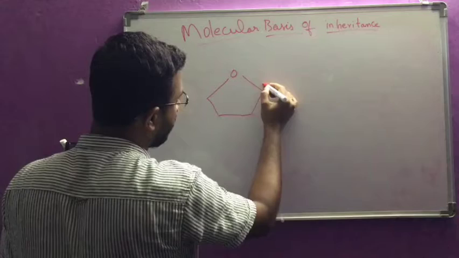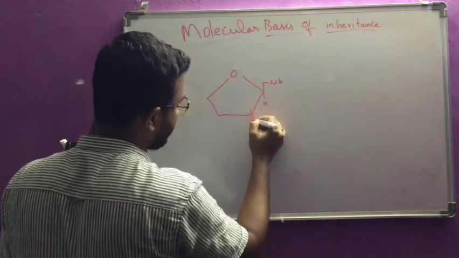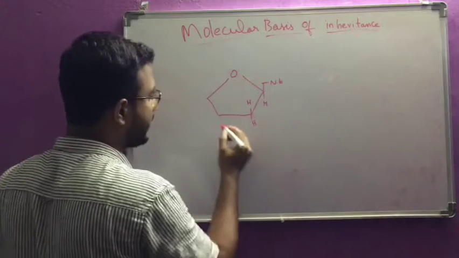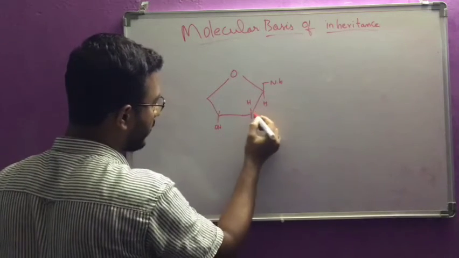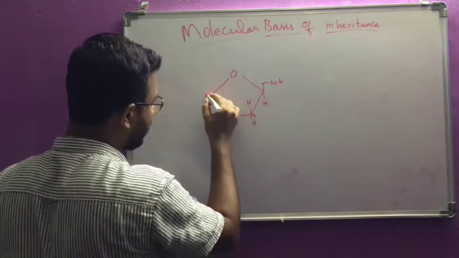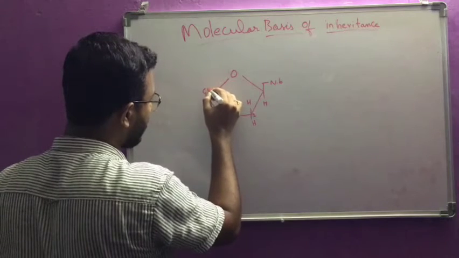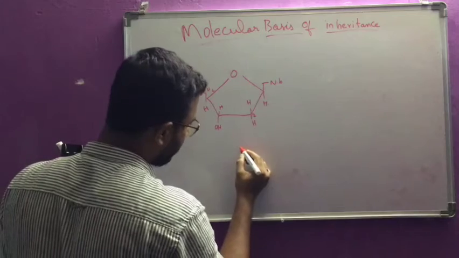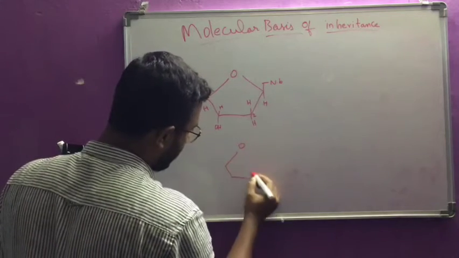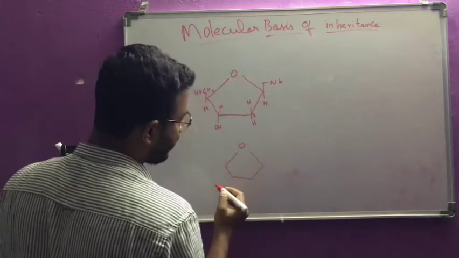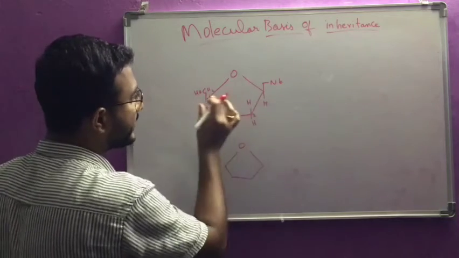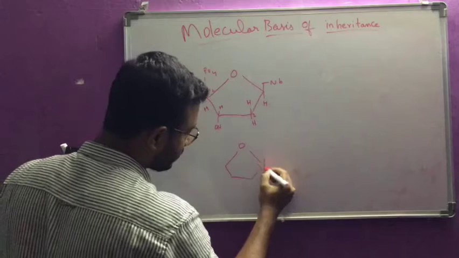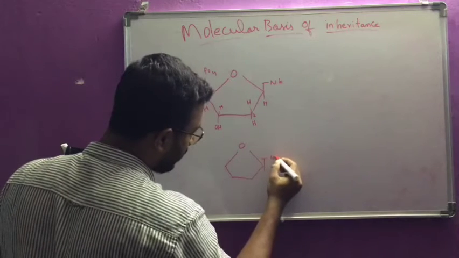Here it is the nitrogen base, and oxygen is not there, so that's why it is deoxy at the second carbon position. This is one nucleotide containing sugar, nitrogen base and phosphate moiety. Moiety means group.